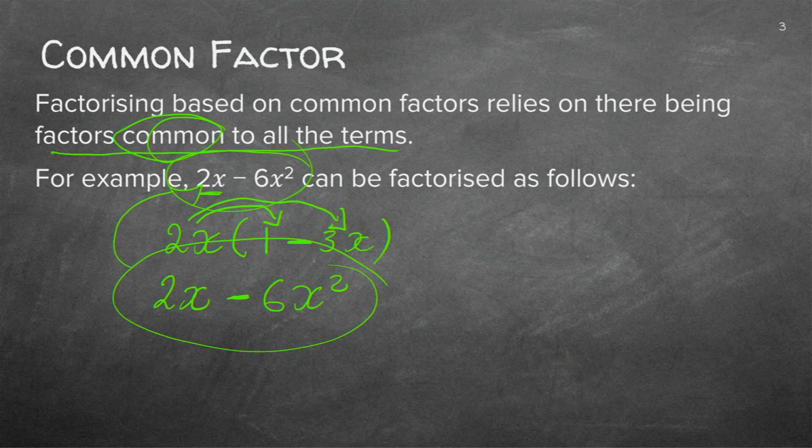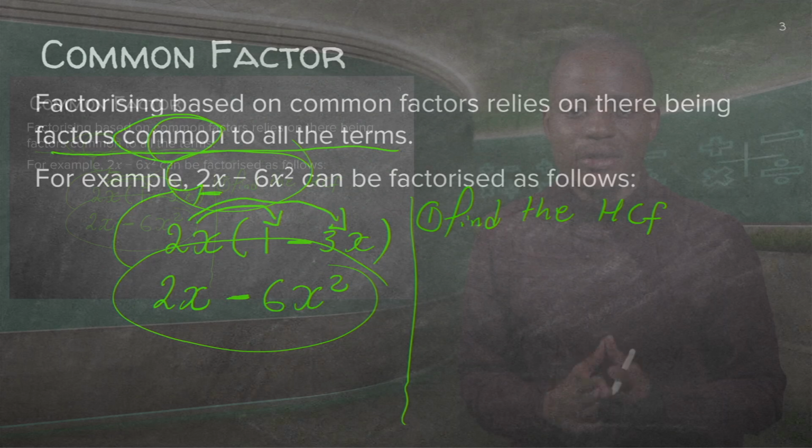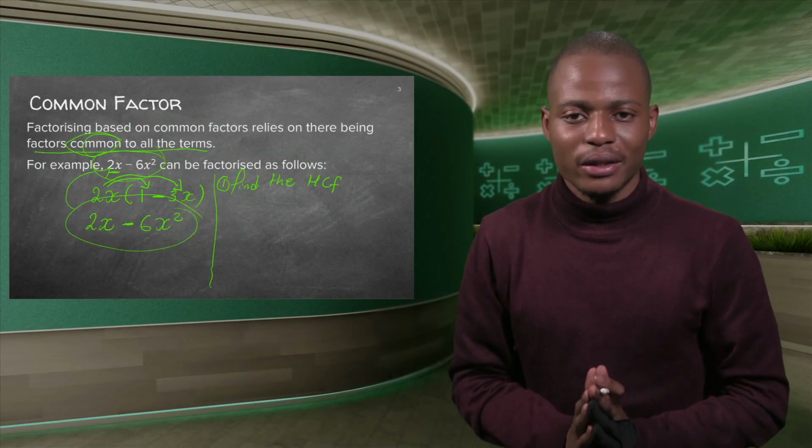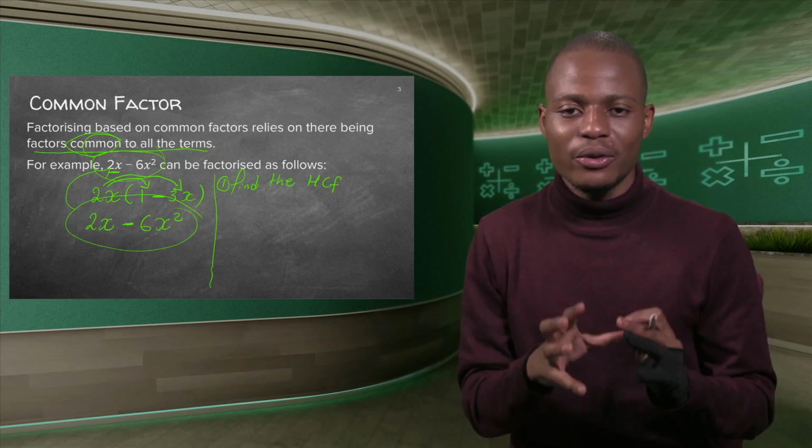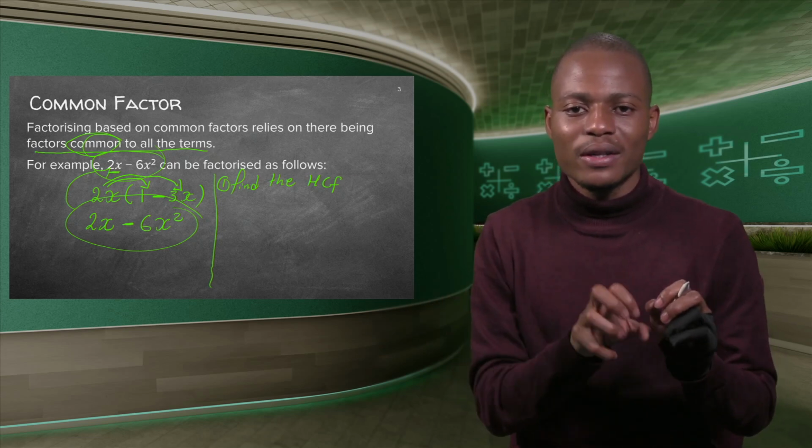So the good question now is, how did I manage to predict the question as it was given? I'll write it for you on the side. How do you get common factors? The first rule is you need to find the HCF. Finding the HCF means you're finding the highest common factor, the highest value that can be in both sides.